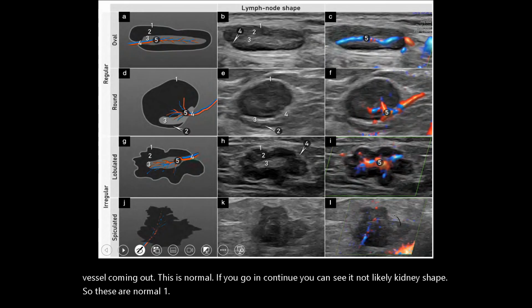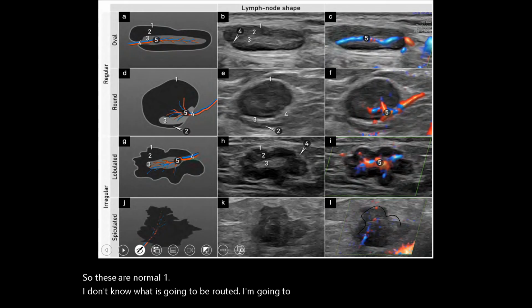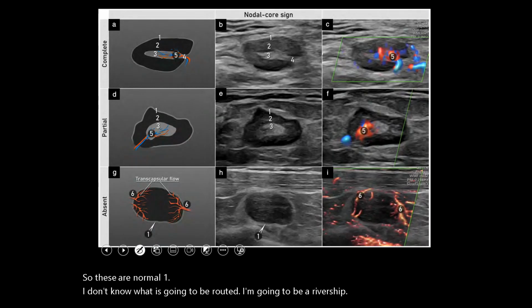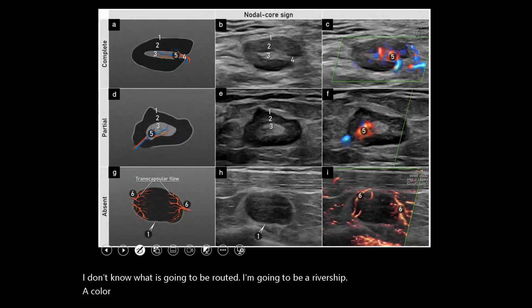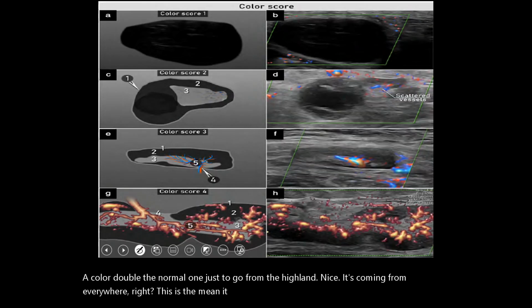The abnormal one is going to be rounded and irregular in shape. With color Doppler, the normal one has flow going from the hilum. Now you see it's coming from everywhere, right? This means it is abnormal.